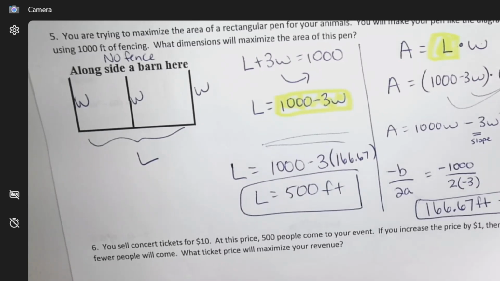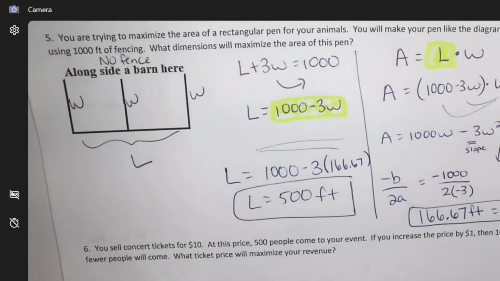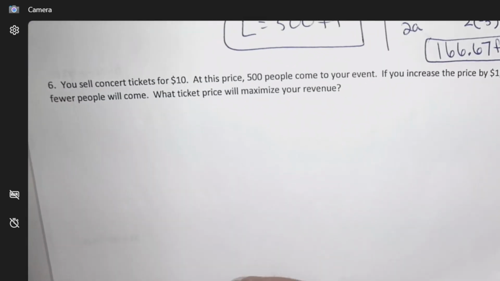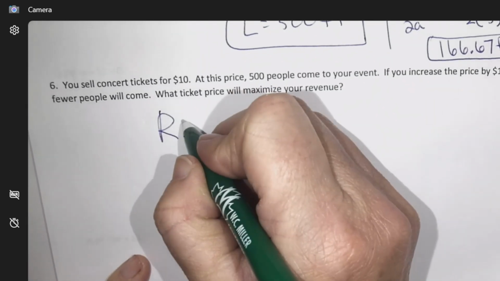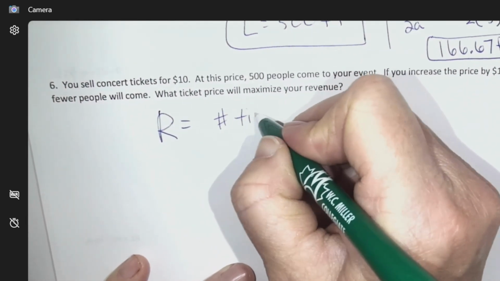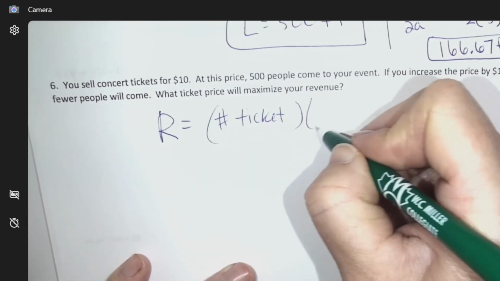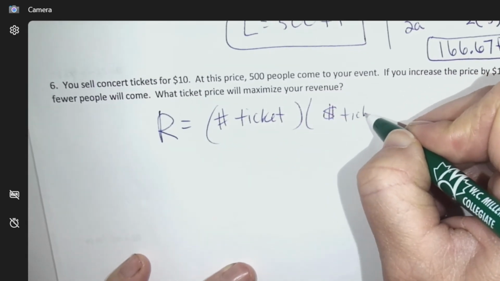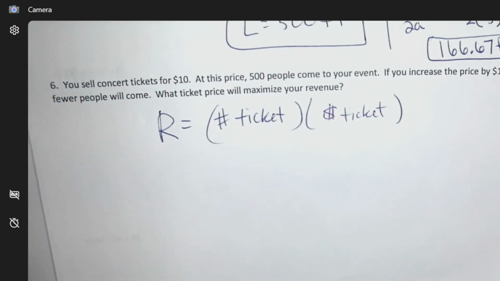All right, last question of the day. Revenue, max revenue. So revenue equals the number of tickets times the ticket price. The number of tickets you sell times the price of each ticket, that's how much money you make.